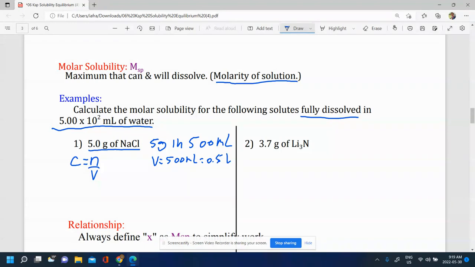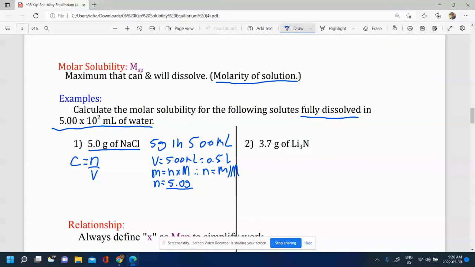We need our mole value. And just as a reminder, to find the number of moles, we use our relationship: mass is equal to moles times molar mass. Therefore, moles is equal to mass divided by molar mass. So our moles is going to be the mass of the ionic compound divided by its molar mass.